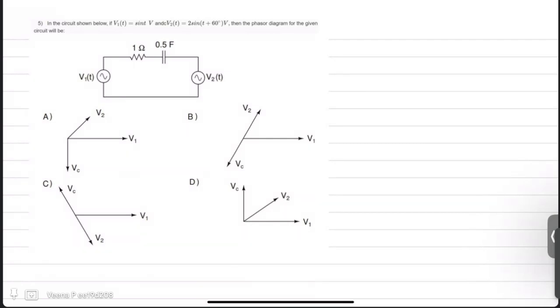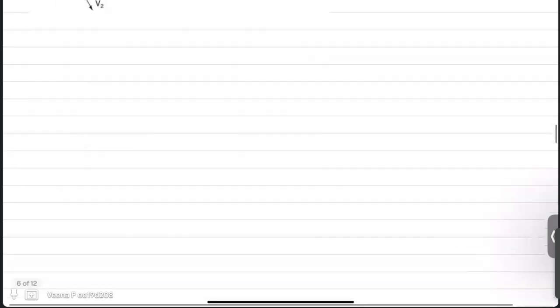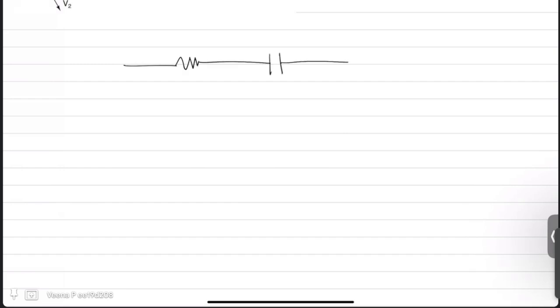In the circuit shown below, if V1 is equal to sin t and V2 is 2 sin(t plus 60 degree), then the phasor diagram for the given circuit will be. You have a resistor and a capacitor connected across two voltage sources, V1 and V2.